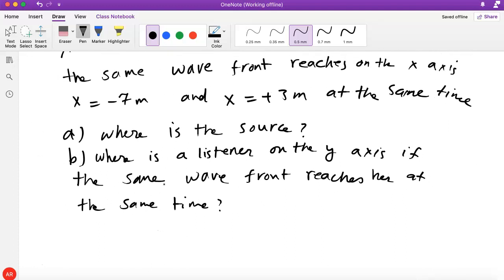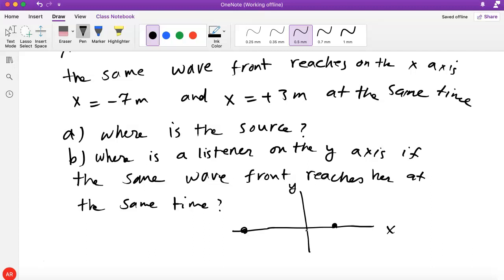All right, so what do we know? If a wavefront reaches some listeners or observers, these listeners must be on a circle whose center is the source, right? So let's think about the x-axis here. x, y. You have one listener at +3 somewhere here, another at -7, maybe somewhere here.